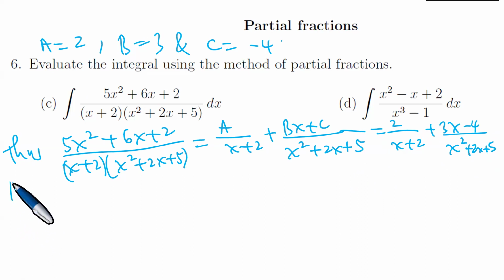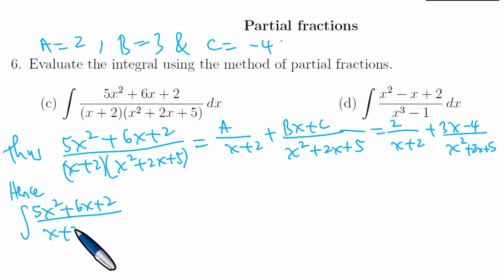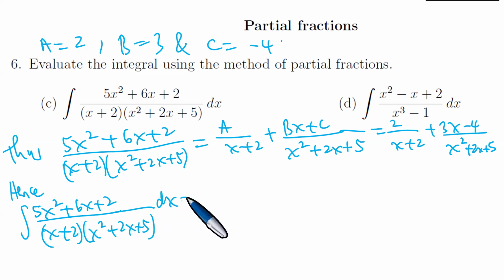Okay, and this means hence we're able to achieve the following and be able to find the integral of this. The integral of (5x squared plus 6x plus 2) divided by (x plus 2)(x squared plus 2x plus 5) dx.